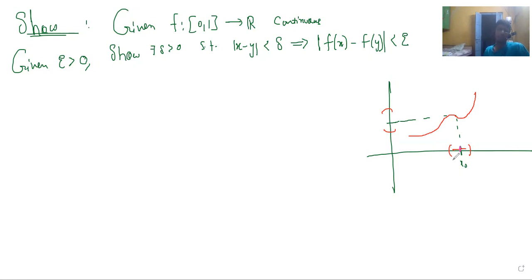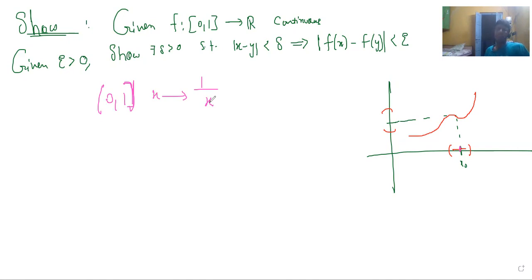But for example, if you take the function x going to 1 by x on open 0, closed 1. Now this is a continuous function, and the slope is finite at every point in the domain.